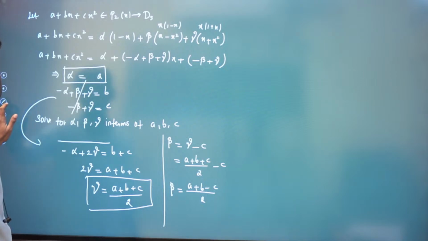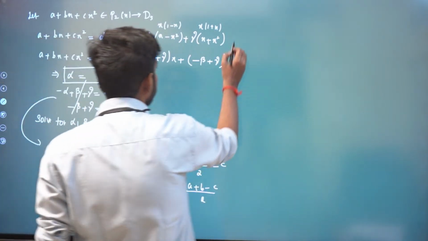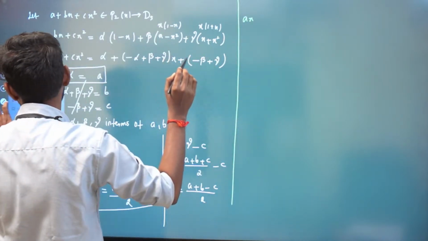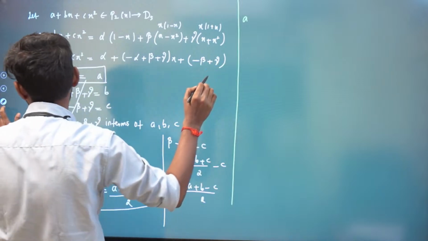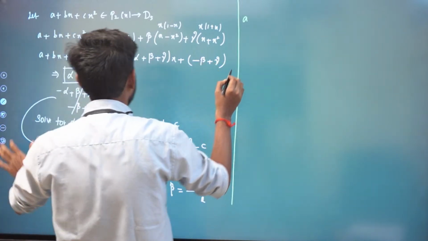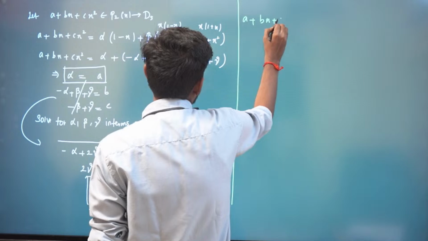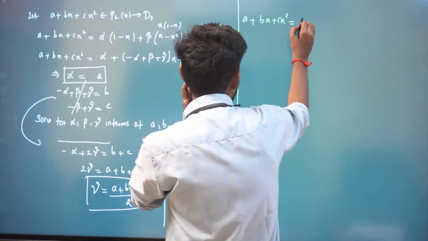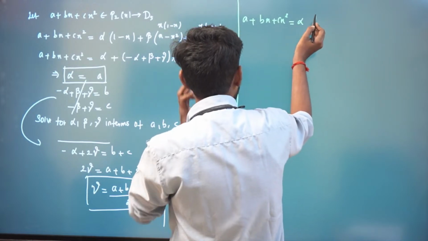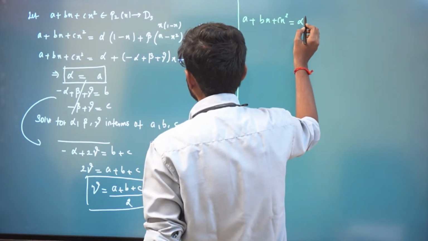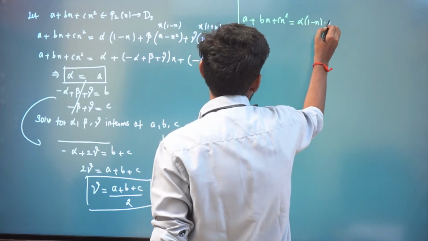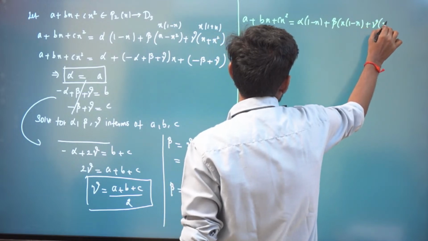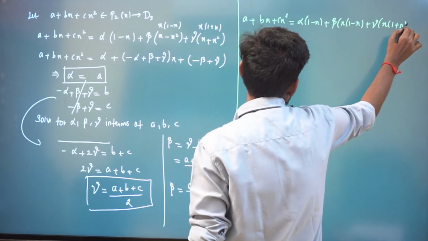So that means any vector a plus bx plus cx square in the domain space can be written as a linear combination of the basis vectors of the domain space. So it is alpha into (1 minus x) plus beta into x(1 minus x) plus gamma into x(1 plus x). We have found alpha, beta, gamma.